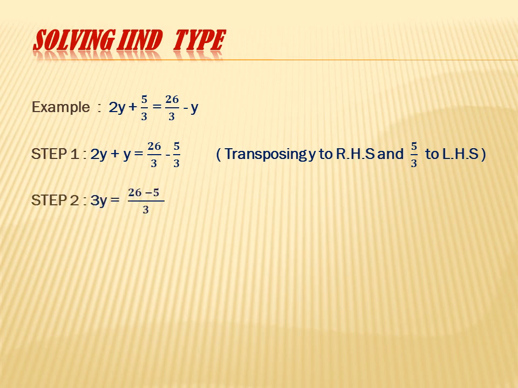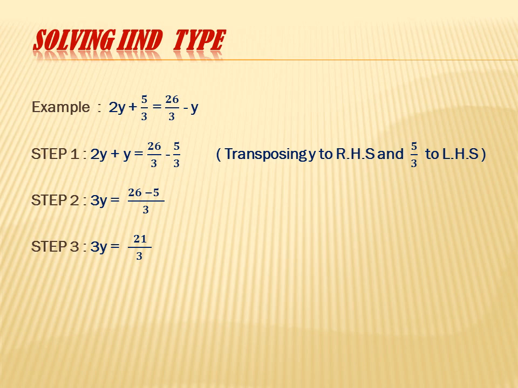So next step we will simplify it and we will get 2y plus y will give you 3y, and 26 by 3 minus 5 by 3. As the denominator is the same, 26 minus 5 will be subtracted as it is and it will give you 21 by 3.